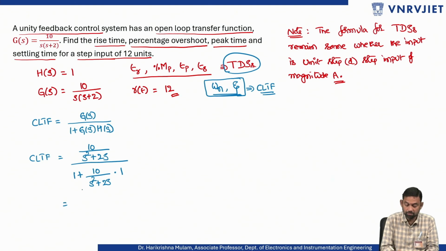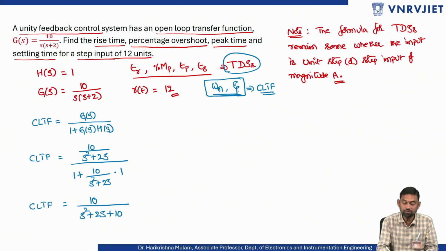If you simplify this expression, you will get the closed loop transfer function as 10 by s square plus 2s plus 10. So this is the closed loop transfer function of the given system.